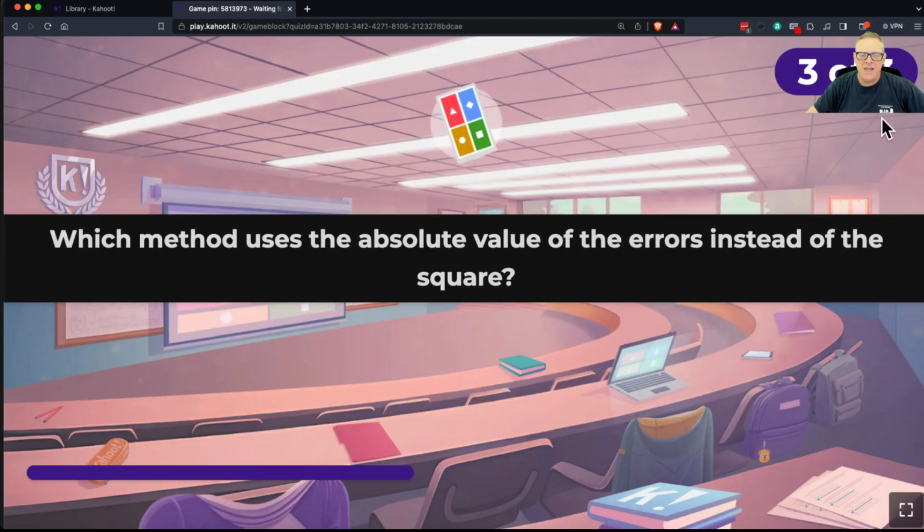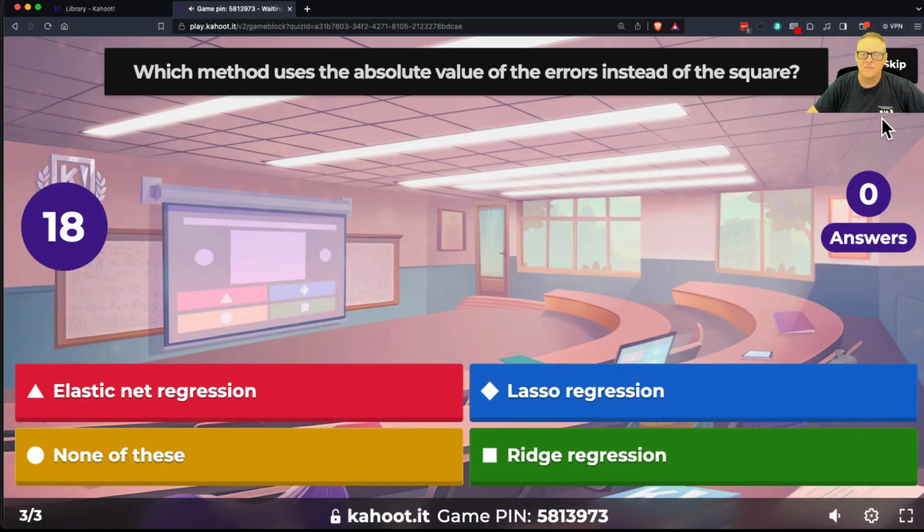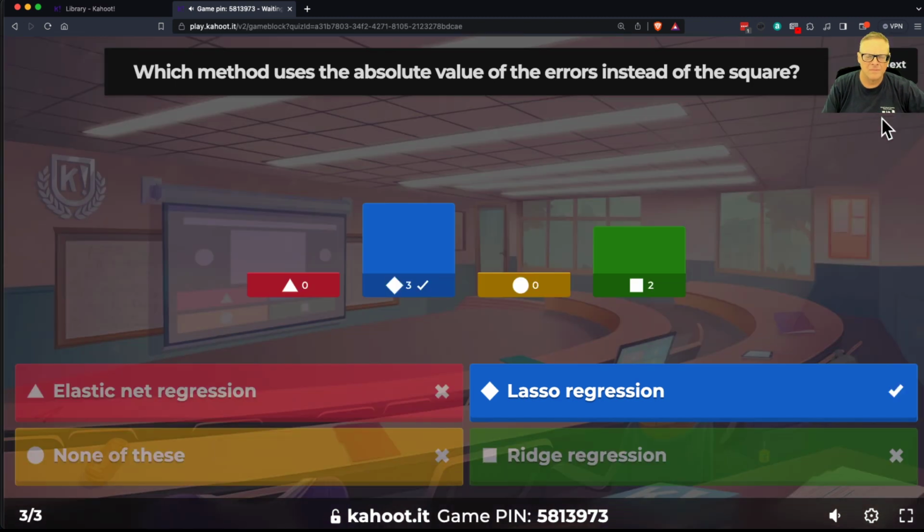And which method uses the absolute value of the errors instead of the square? That's lasso regression. It occurred to me I should have said the absolute value of the parameters, I guess.